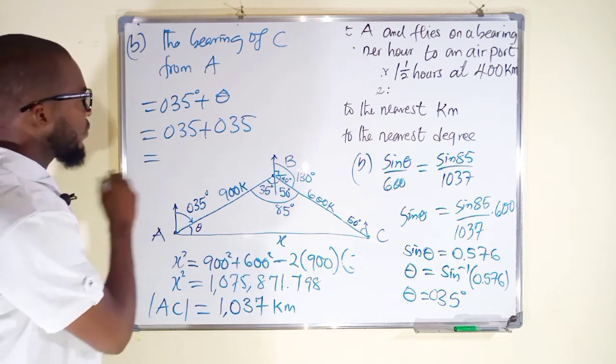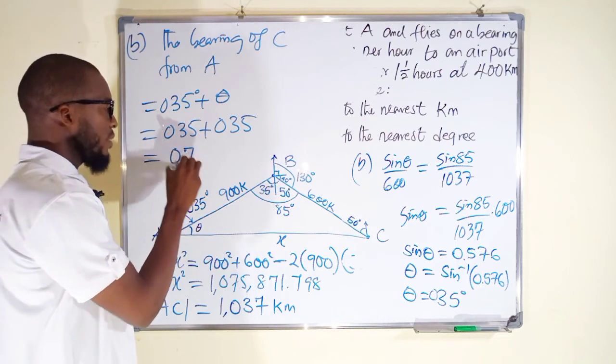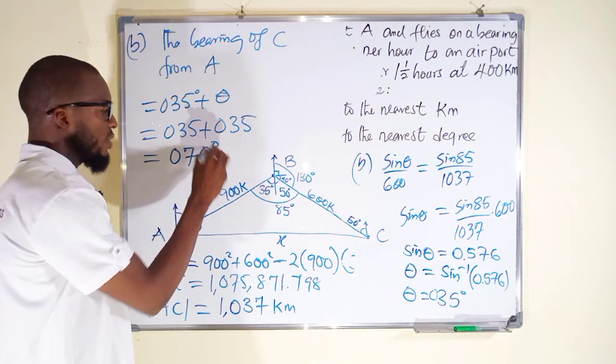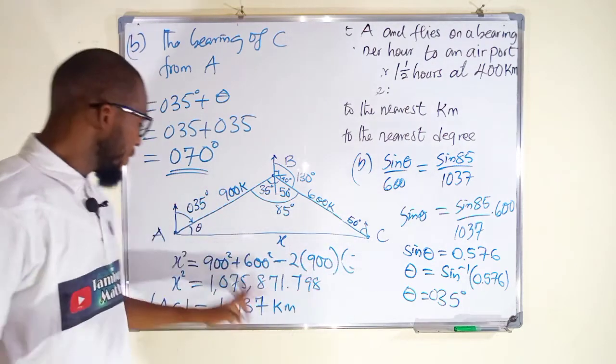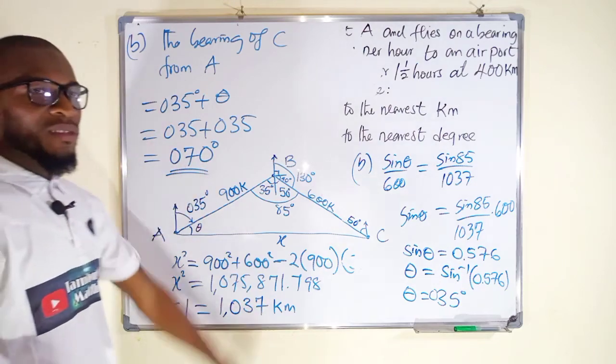This is equal to 70 degrees. So therefore the bearing of C from A is 70 degrees.